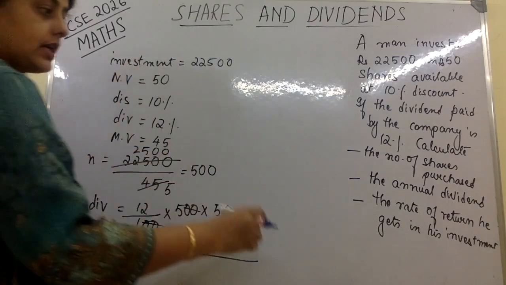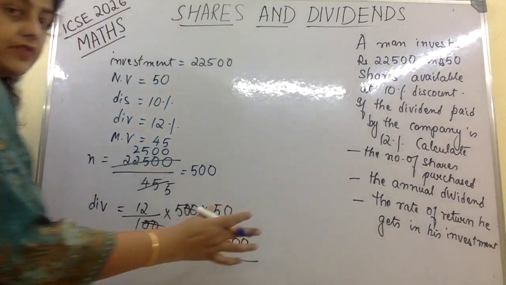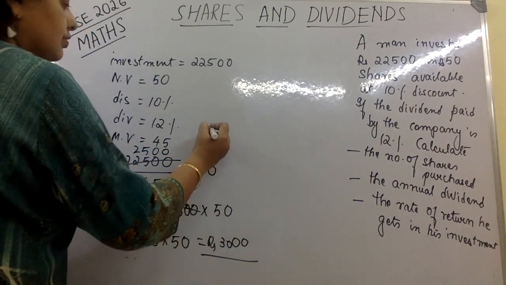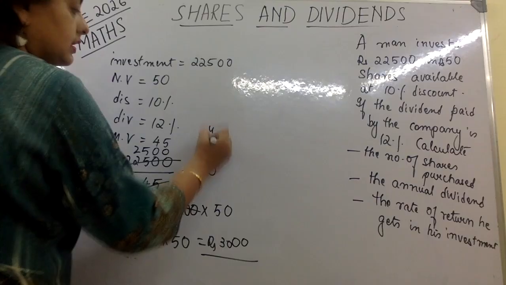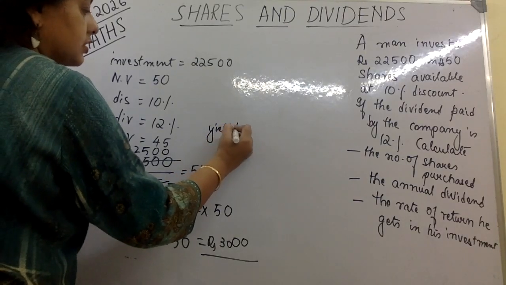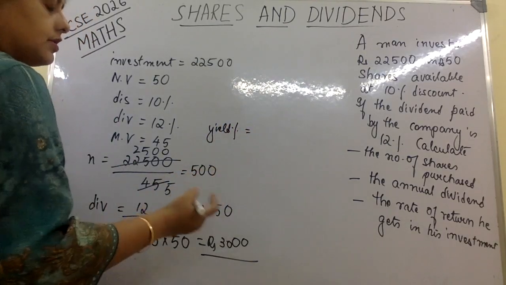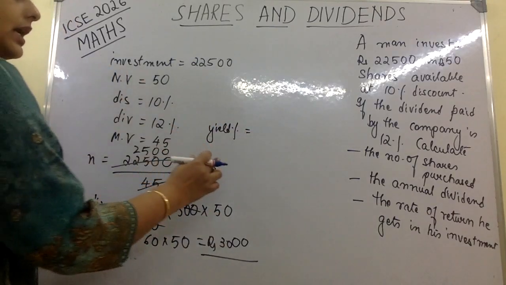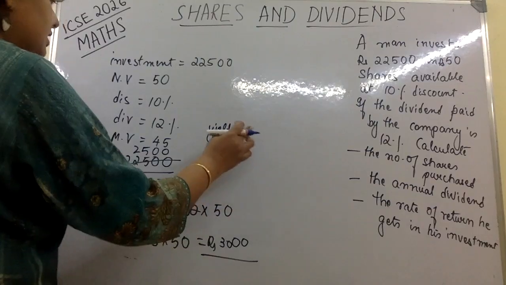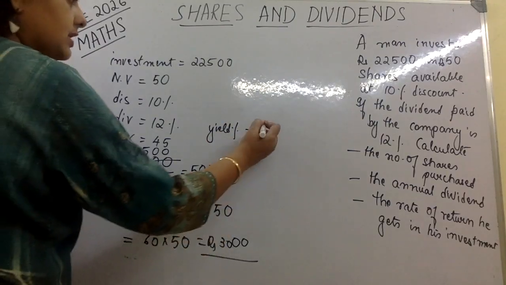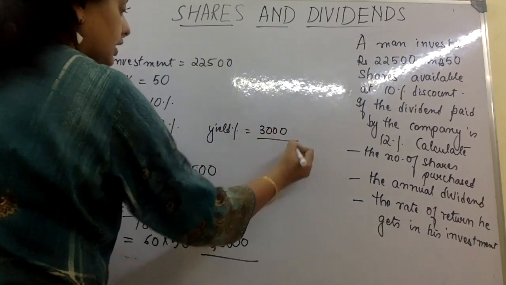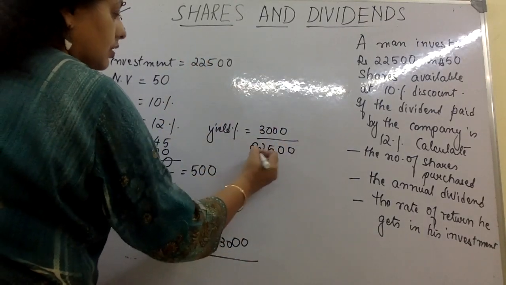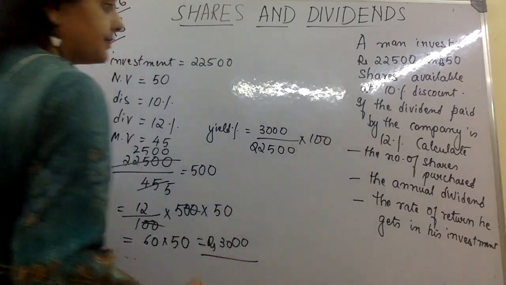Okay, what else have they asked? The rate of return he gets in his investment. What is basically the yield percent? Here you can write yield percent, also you can write rate of return or yield percent. Don't have time, write yield percent, you'll get your marks, don't worry. The rate of return he gets in his investment is, now his income is 3000, and his investment was 22500, into 100.